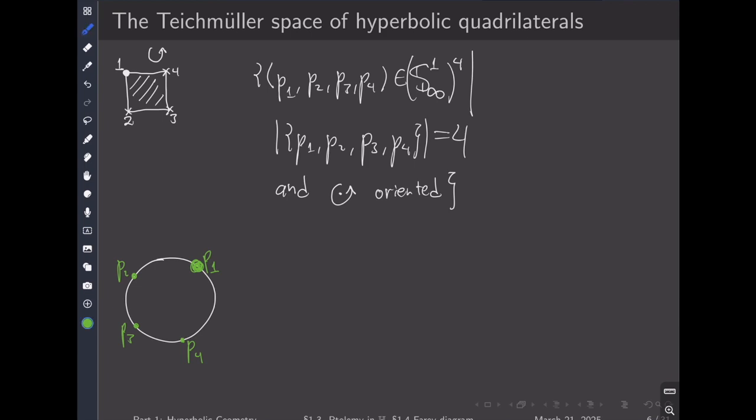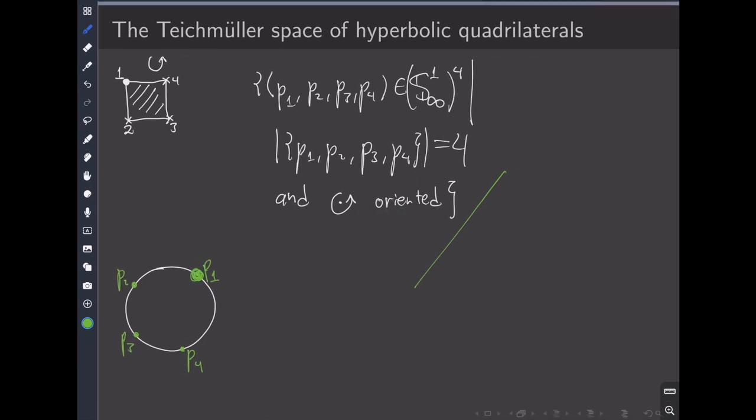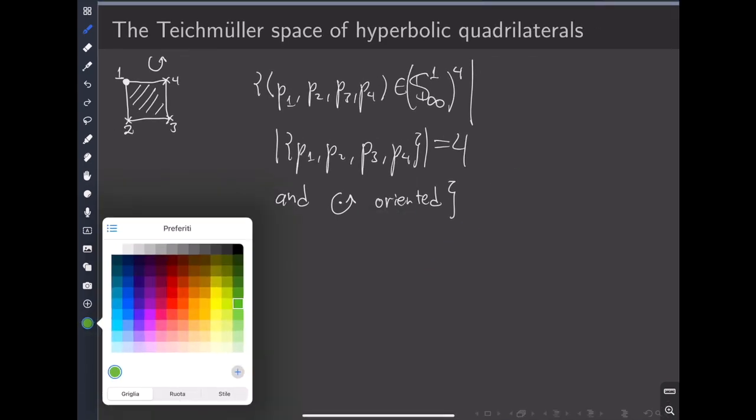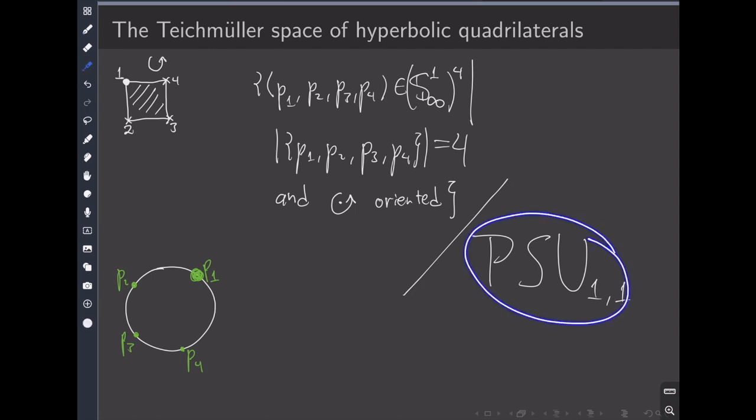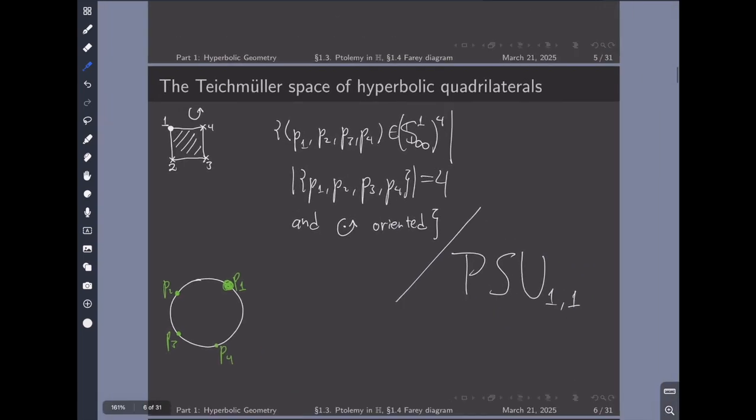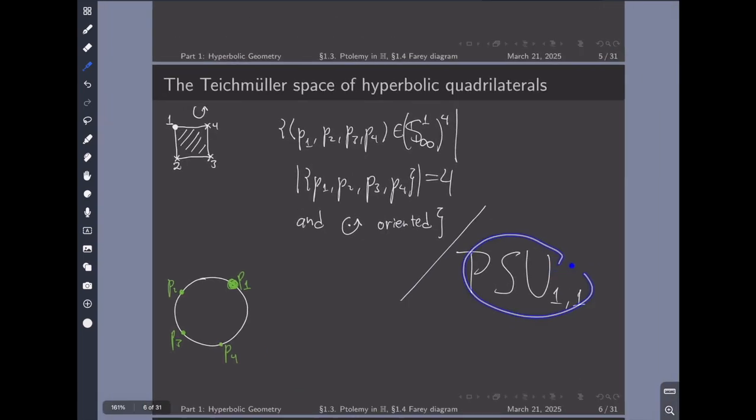So modulo the action of PSU(1,1), which for the Poincaré disk is the concrete incarnation of the orientation preserving isometries of the hyperbolic plane, which acts, as I just recalled, on the Poincaré disk and the circle at infinity by Möbius transformations.